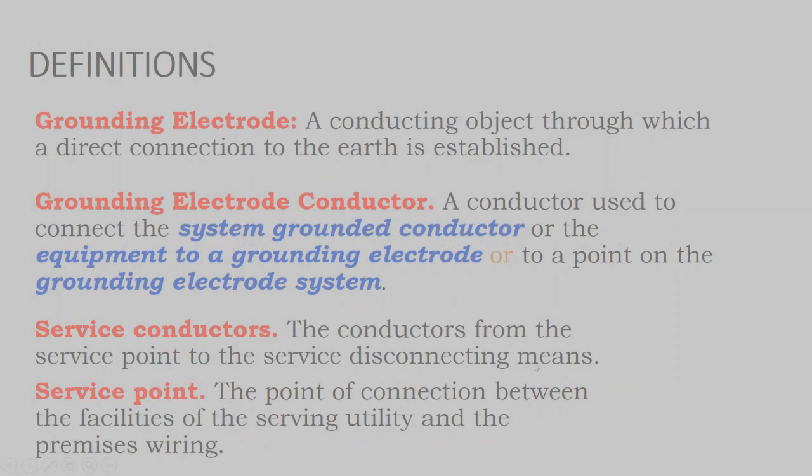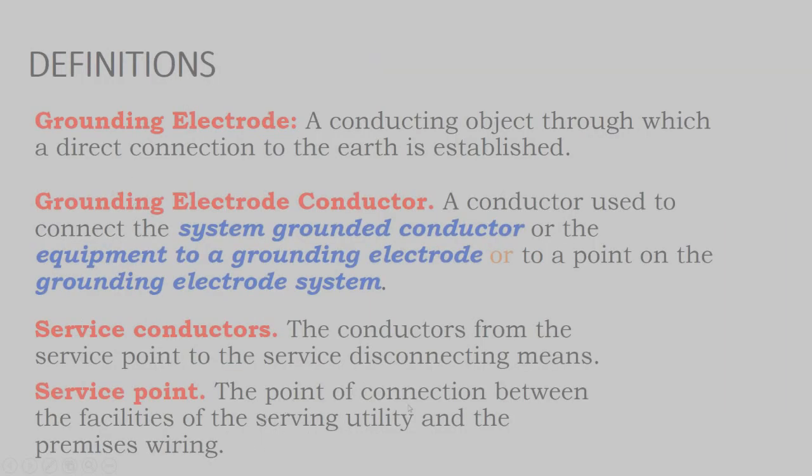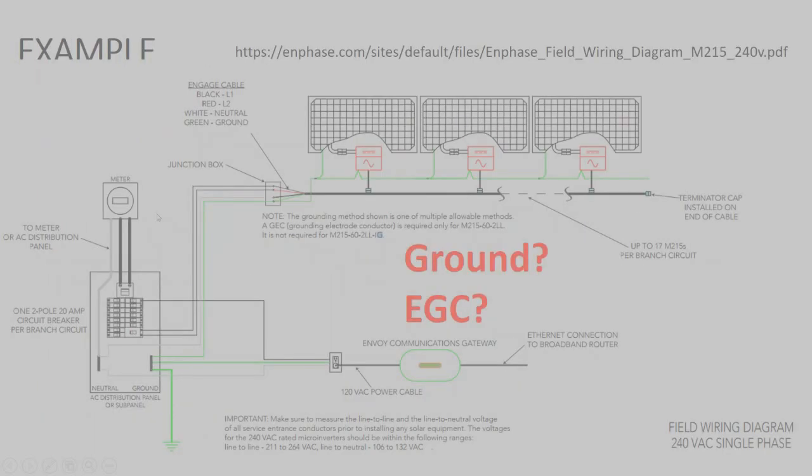So the service conductors are coming from the service point to the service disconnecting means. They may be talking about from the transformer up to that meter itself, and the point of connection between the facilities of the utility and the premise wiring being the service point. And usually it's governed at that meter.